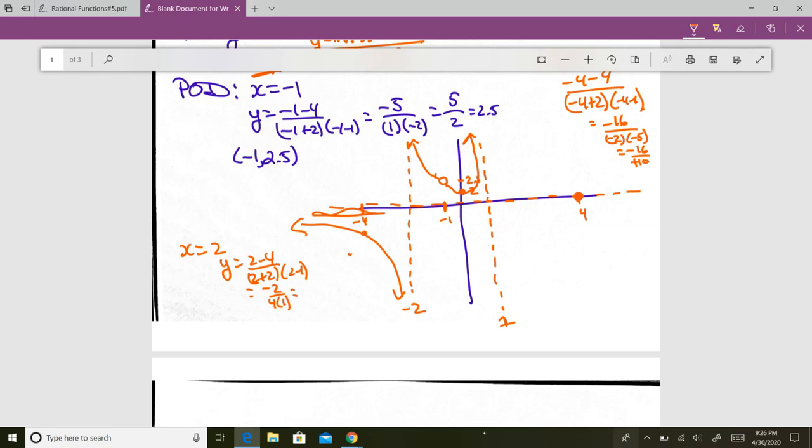That is going to be a negative number, negative a half. So at 2, we're at negative a half, so we're down here somewhere. So the graph goes through that and then goes like that.